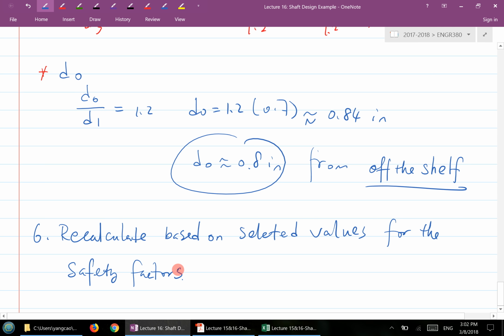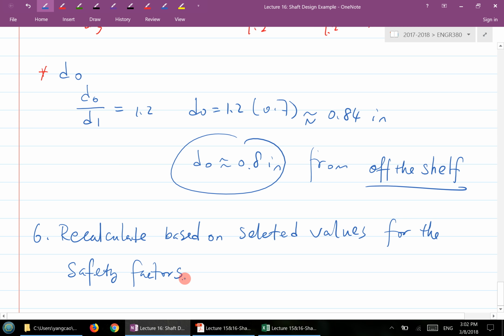There is a possibility that whatever you decided may not work, but mostly it will work, because the computations here are based on very conservative initial values. So 99% chance it will work when you do the final calculation.